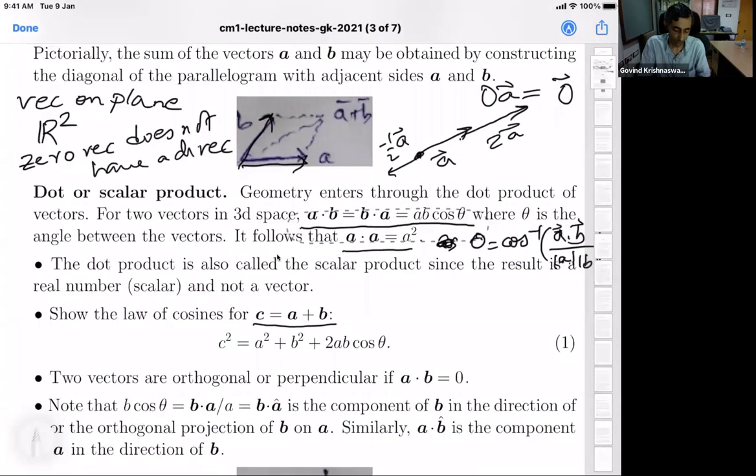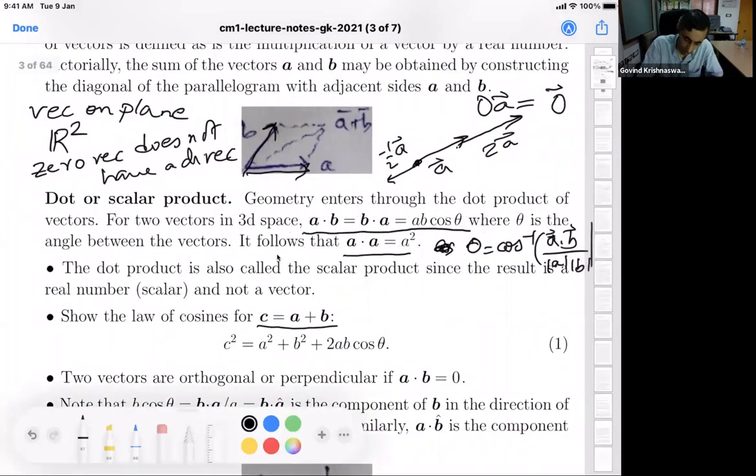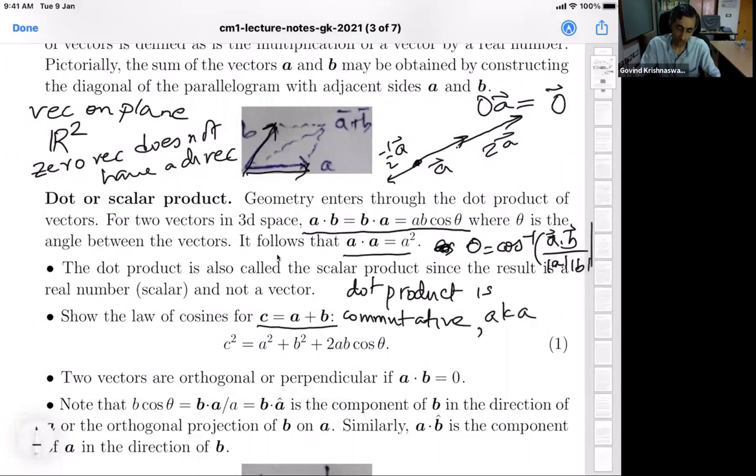So let me just write that here. And commutative means the operation commutes. A dot B is the same as B dot A. And there is another name for commutative, also known as abelian.